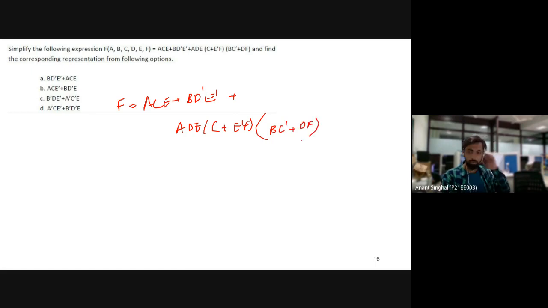So try to simplify it and let me know. I'll give you a hint. You should try to solve this long term.